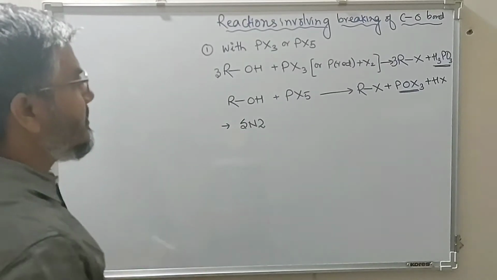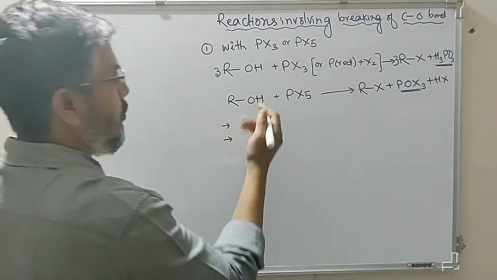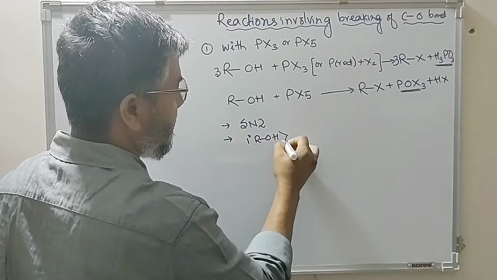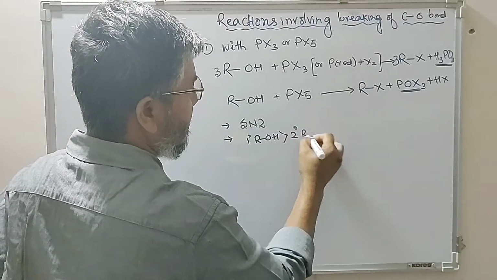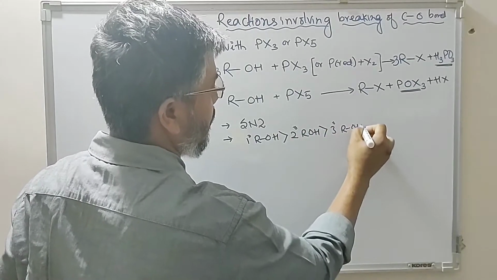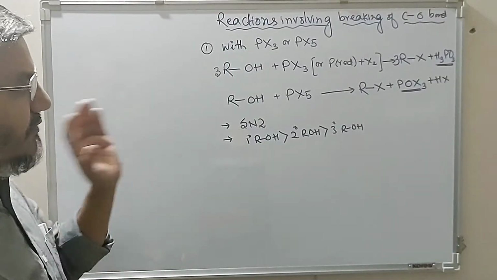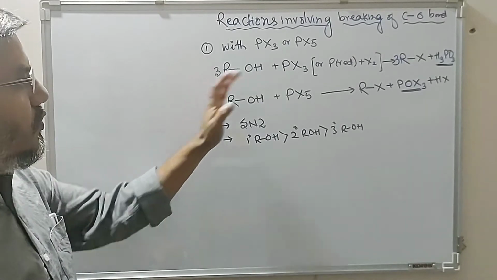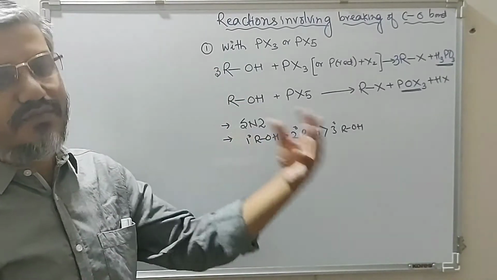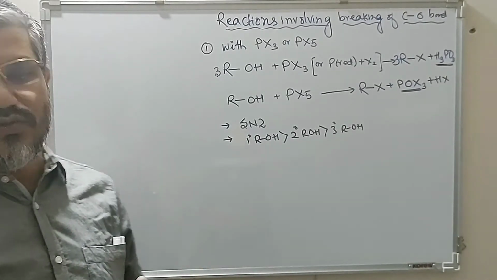Since the reaction is SN2, the reactivity order of alcohols is that primary alcohol is the most reactive, followed by secondary alcohol, followed by tertiary alcohol. While carrying out this reaction, we have to be very sure that the alcohol used must be primary, or sometimes we can use secondary alcohol. But don't take tertiary alcohol.